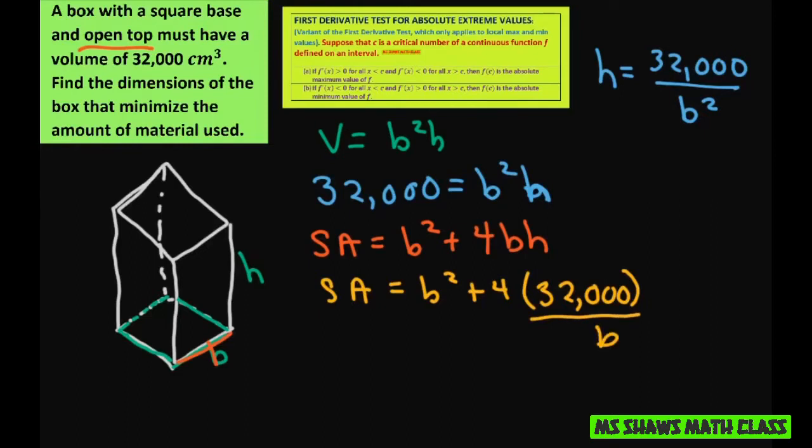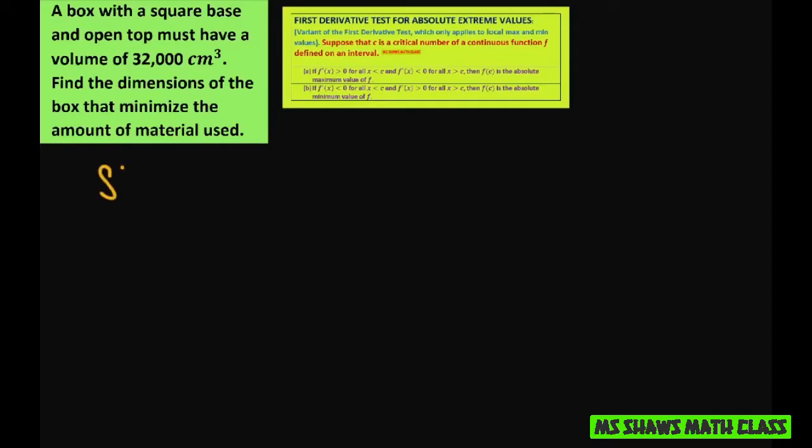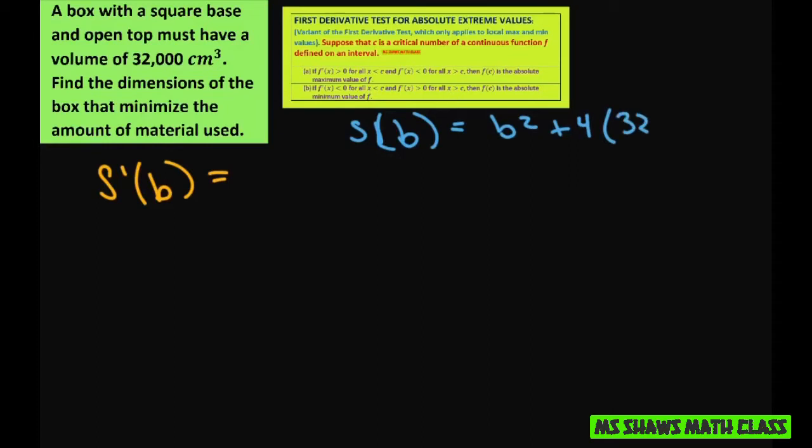All right, so now we're going to take the derivative with respect to our base. So we're going to do S prime of B equals, and let me write that down again. We had the surface area, or let's just put S of B equals B squared plus 4 times 32,000 divided by B. So when you take the derivative, you're going to get 2B minus, and you're going to minus because we can write this as B to the negative 1.